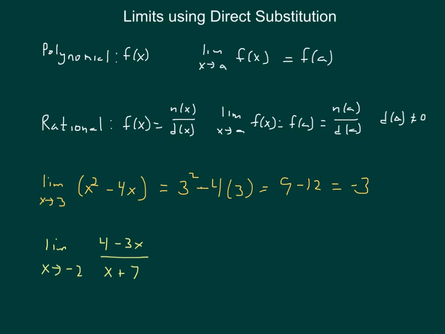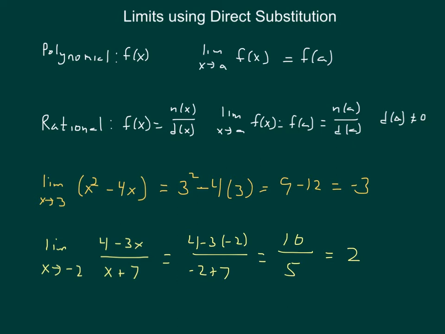In the next one, the limit as x approaches negative 2 of 4 minus 3x over x plus 7. Well, that's just going to end up being 4 minus 3 times negative 2 over negative 2 plus 7, which will come out to be 10 over 5, which will equal 2.